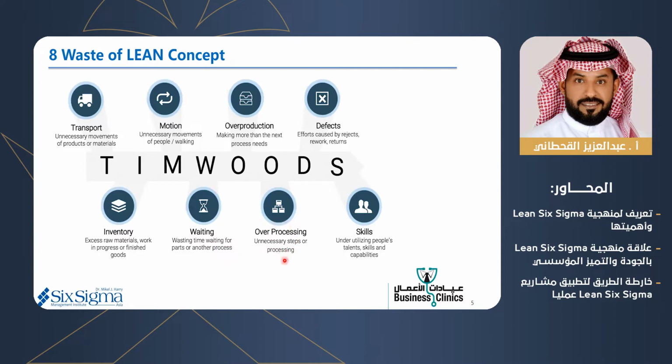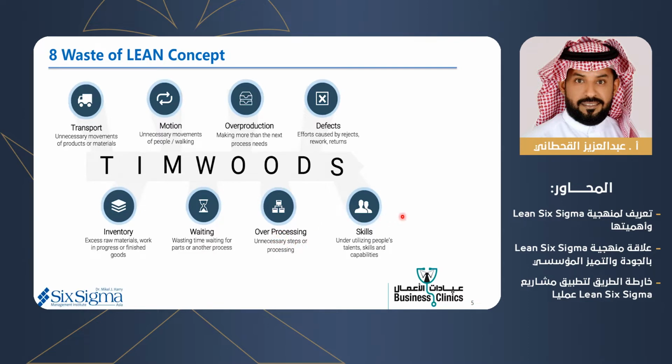Overprocessing as well is doing the step twice instead of once, when it goes fine, it goes perfect. However, for some reason, you keep doing it again and again. We call that overprocessing, which is unnecessary activity, also considered a non-value added activity.